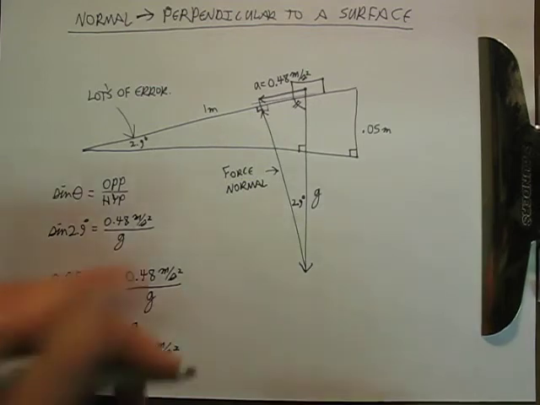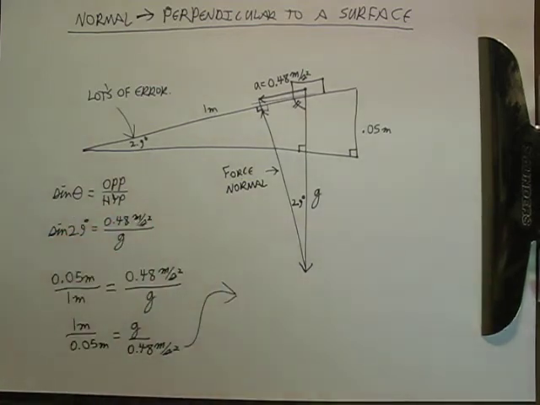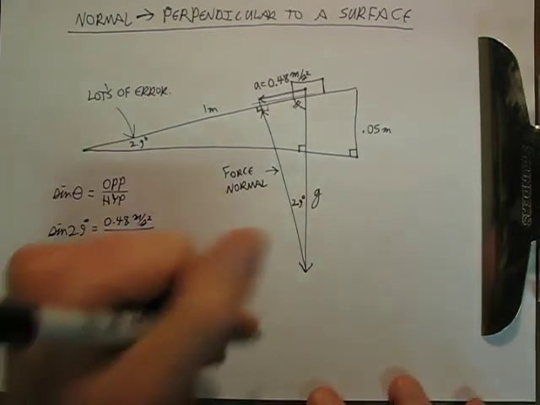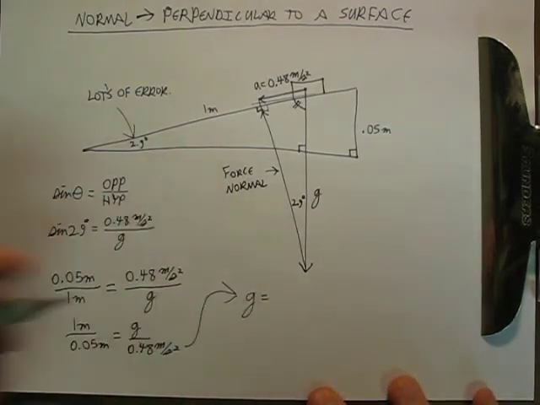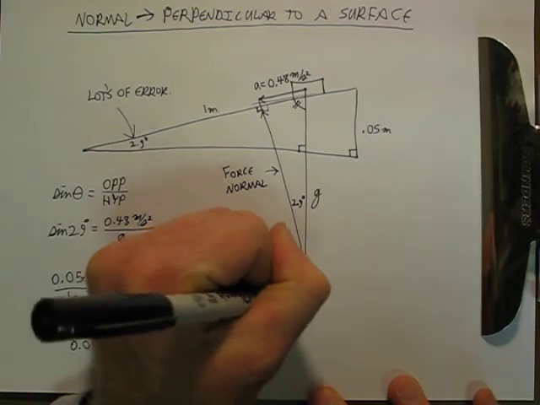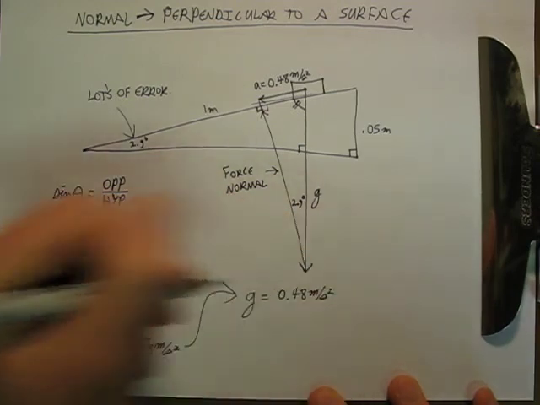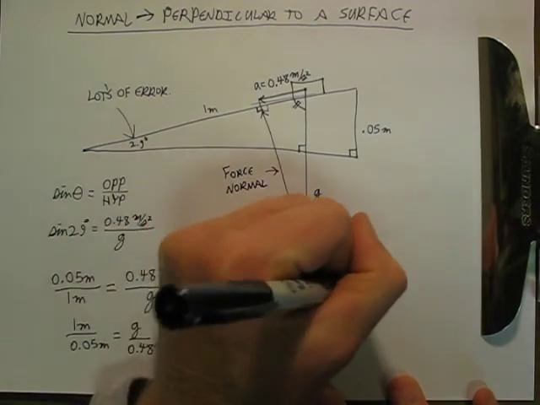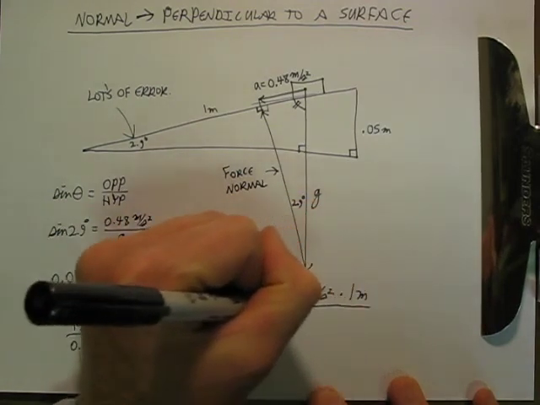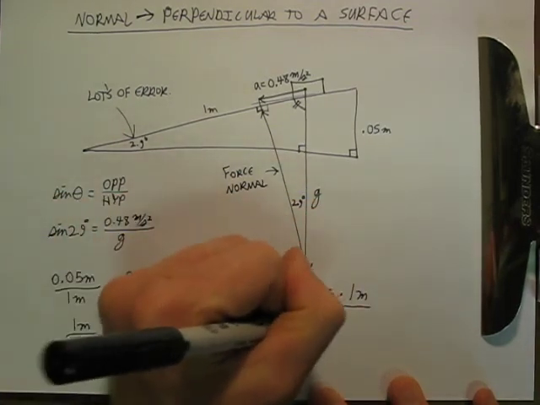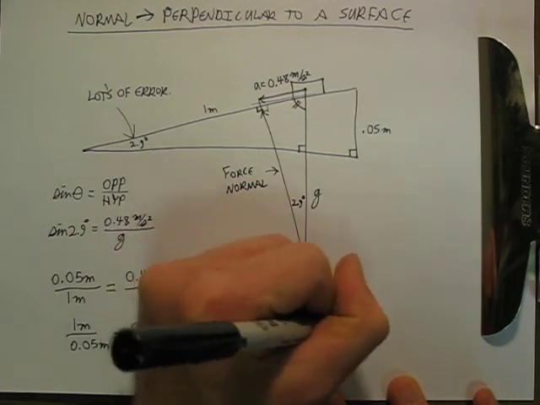Now, work that out, see what you can get. I'm going to get g equals 0.48 meters per second squared times 1 meter all over 0.05 meters.